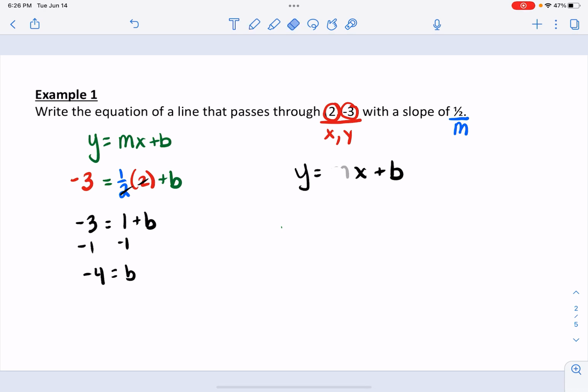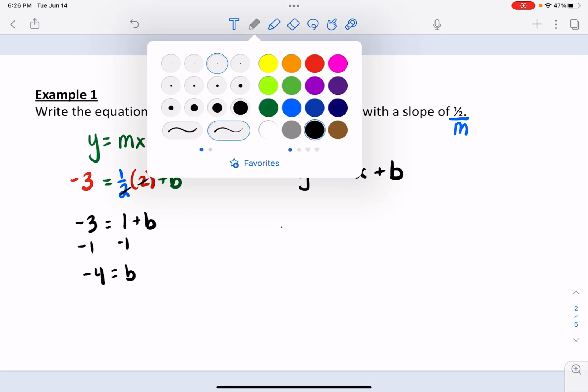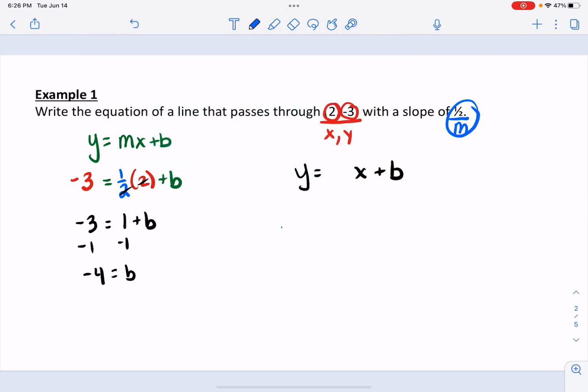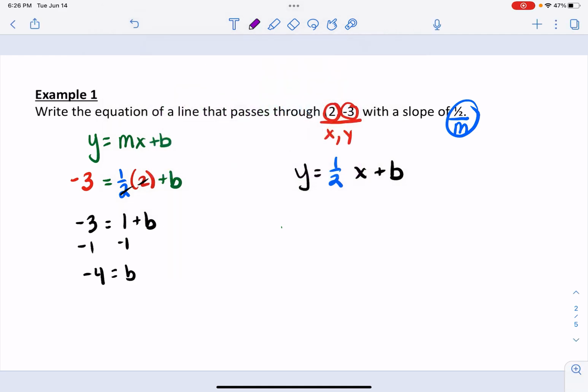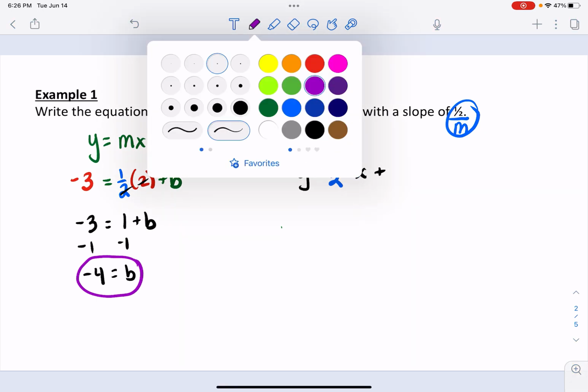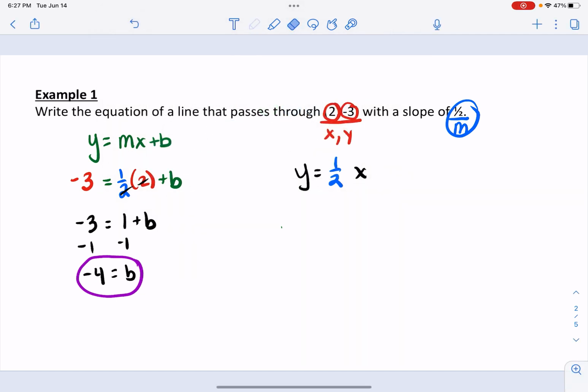Take away your m, because we know the m in this case is 1/2. We know the b, down here, was negative 4. So I erase my b and add in a negative 4. So now we have the equation of our line.